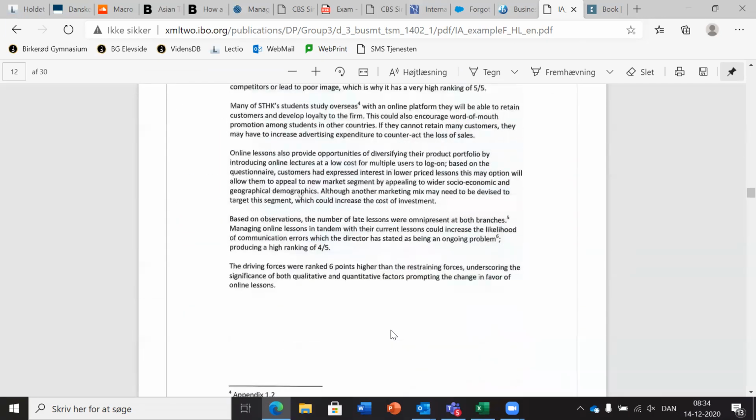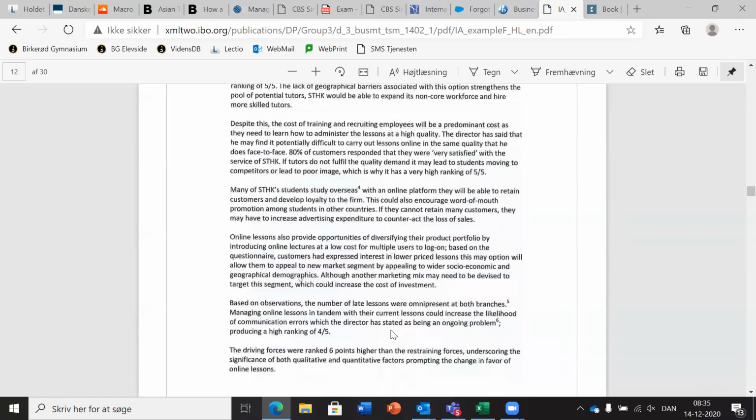I think this is quite a basic approach. There's no rocket science here, he just did the force field, explained why each part got different points, and then had a bit of discussion around the conclusions from this.